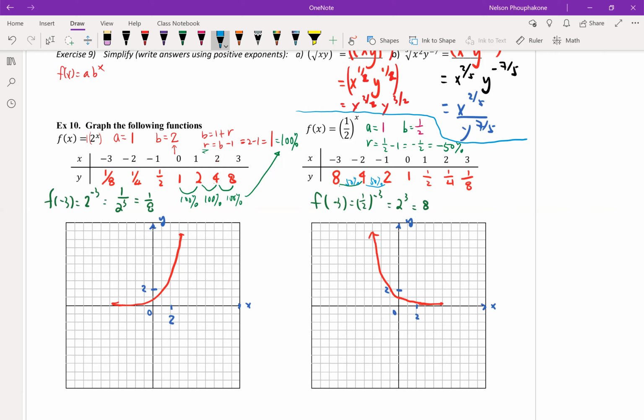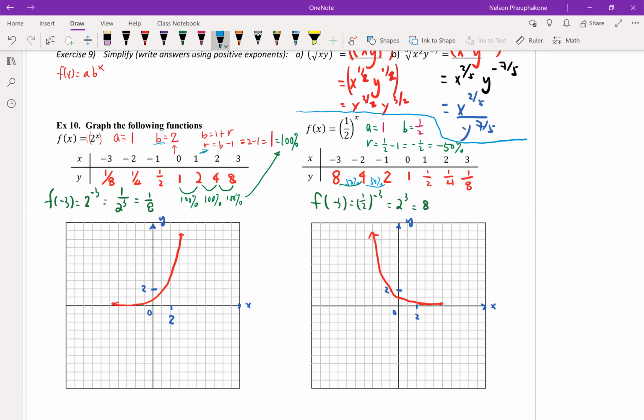So again, this is related to your R. I hope that you found the relationship between the B and the R.